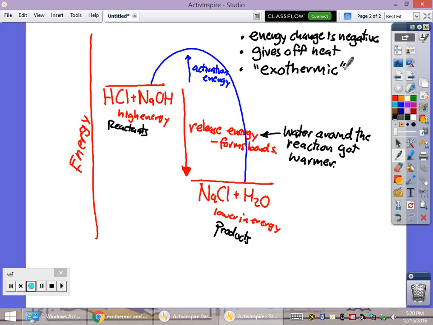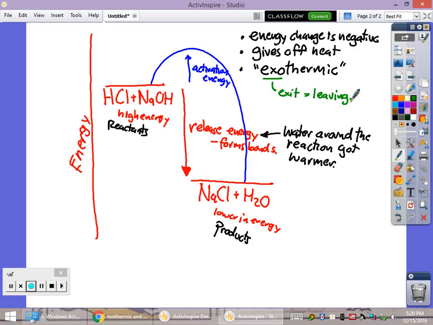And I like this word exothermic because exo, like exit, means leaving. In other words, heat is leaving the system. And that's why it got warm. Now you can probably think of other exothermic reactions. Any reaction that gives off heat is exothermic.